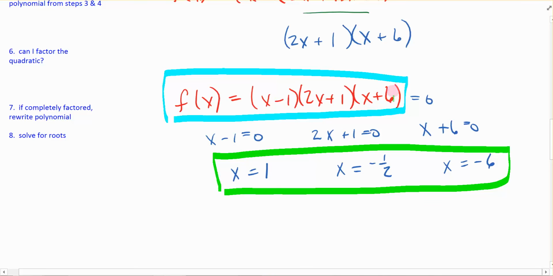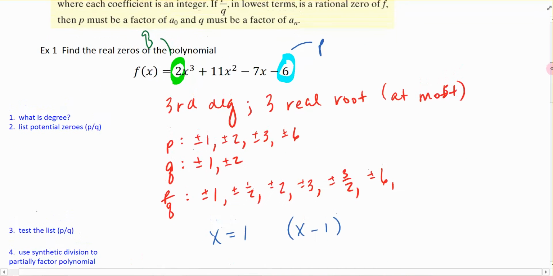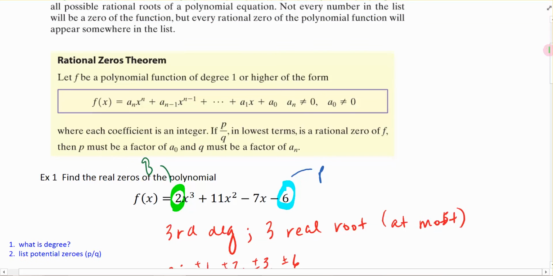So make sure you understand the distinction in my vocabulary when you're looking for the polynomial in its factored form as opposed to solving for the roots. And that's how we're going to go about taking any polynomial and simplifying it down to finding its real roots or its real zeros.